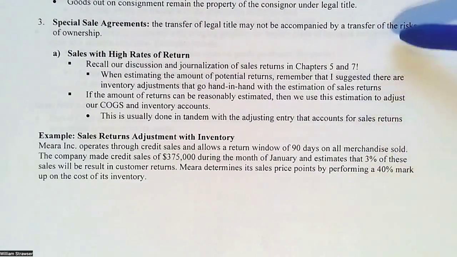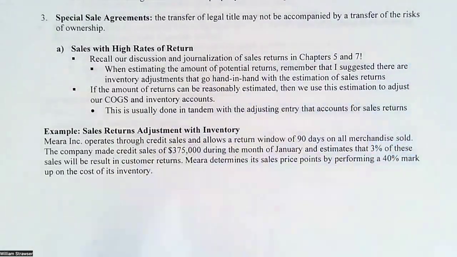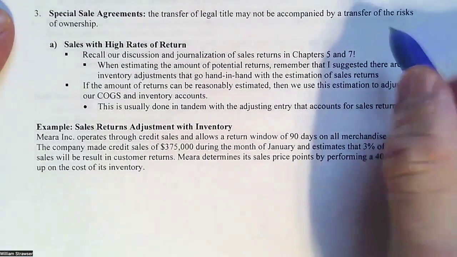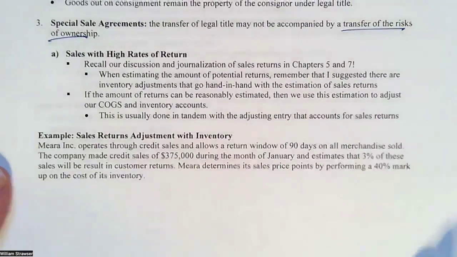And special sale agreements. So these ones are a little bit different. This is when, even though we have a transfer of title, there's not a transfer of the risks of ownership. So, for example, what's a risk of ownership?